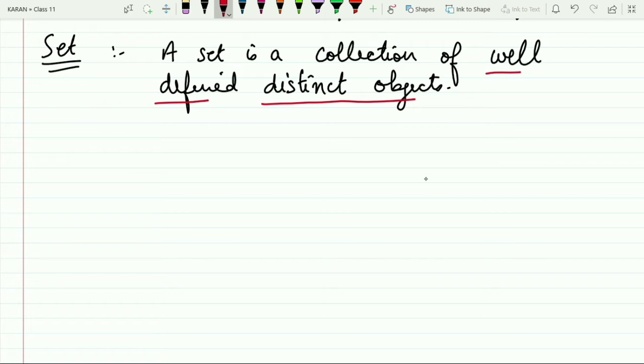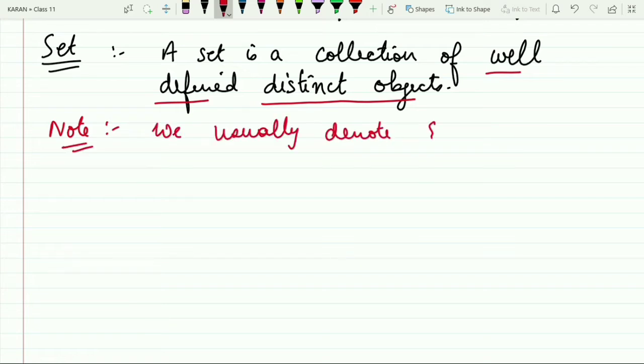In general, we usually denote sets with capital letters. There is nothing standard, but usually we use capital letters to denote sets.